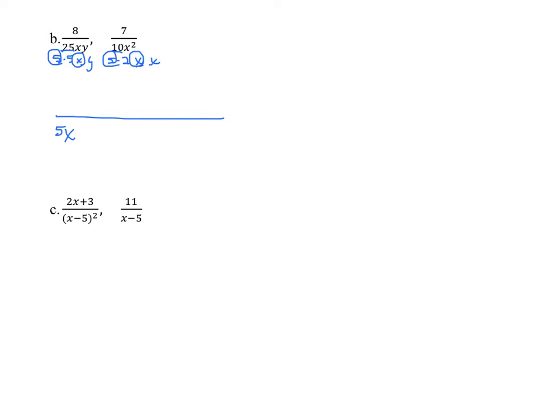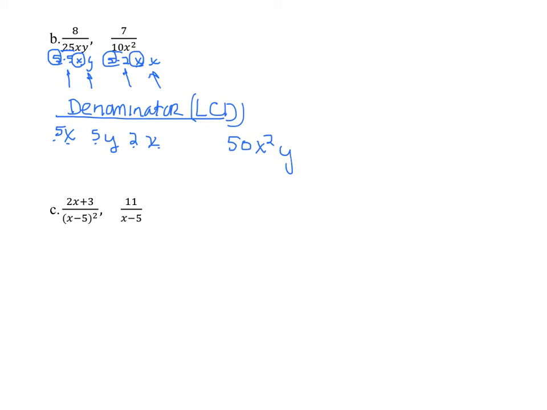The rest of it, you just write down in front, and I didn't leave enough room in front, so we can write it in back. So we need another 5, a y, a 2, and another x. So the denominator, that is the LCD, the least common denominator, would be 5 times 5 times 2 is 50, x times x is x squared, and a y.